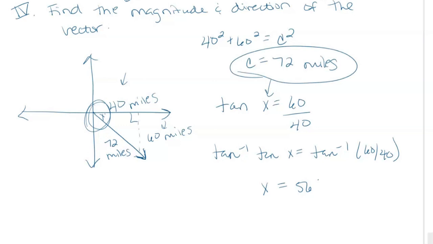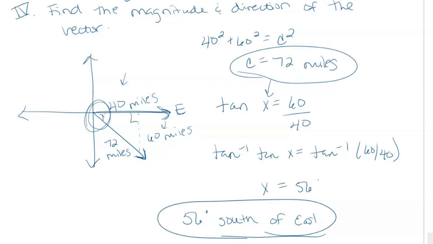And then my direction is 56 degrees. Now again, we're oriented with respect to east, right? So we're 56 degrees south of east.